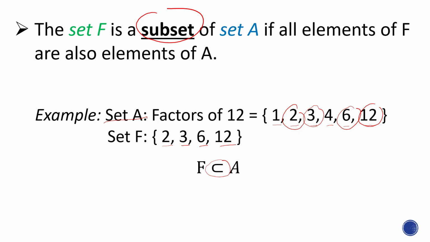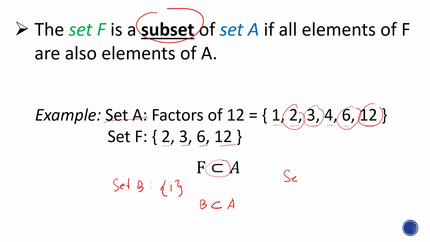We can actually have more than one subset. So for example, let's have set B, and the element of that is, let's say, 1 only. Now set B is also a subset of A, because that 1 is an element also of set A. One last example.